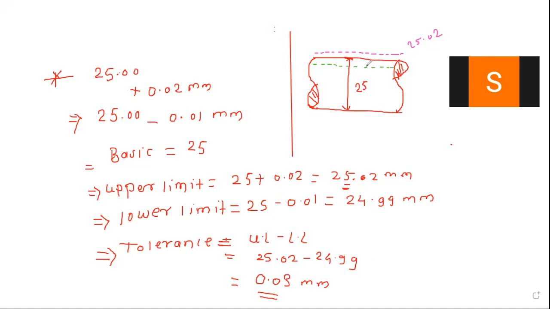What is the size of this lower limit? So this is the upper limit, lower limit. What is the size?